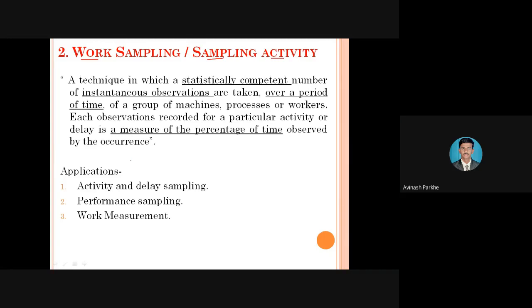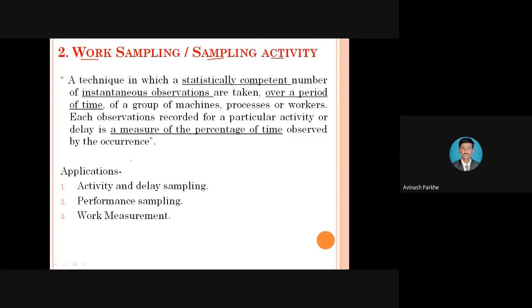Therefore, work sampling and sampling activity are mostly used in industry in relation to a number of observations. In a time study, we are measuring with time study equipment. Maybe we are using the stopwatch, the time study board, the time study sheet. That means detailed readings are noted in a time study.